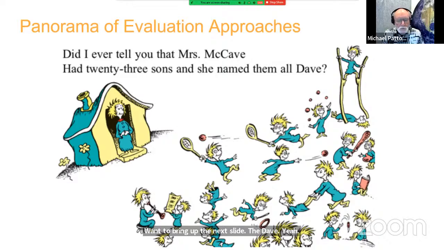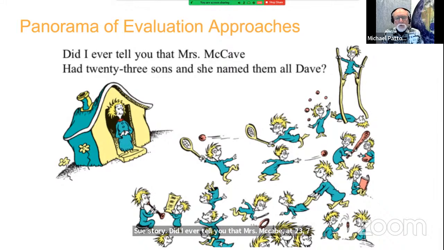When I teach, I like to begin with this Dr. Seuss story. Did I ever tell you that Mrs. McCabe had 23 sons and she named them all Dave? And so when she calls out, "Yoo-hoo, come into the house, Dave," all 23 sons of hers come on the run. Well, we have different kinds of evaluation because they serve different purposes. And let me tell you that in this video I put together, there are a lot more than 23 kinds of evaluation these days.